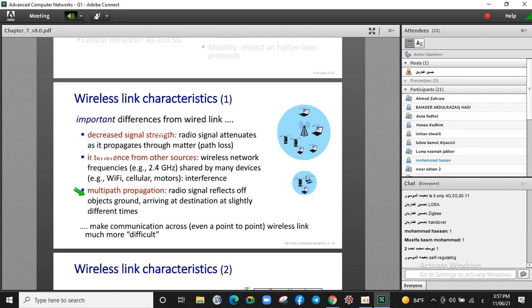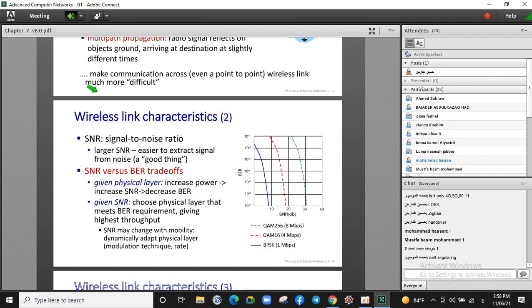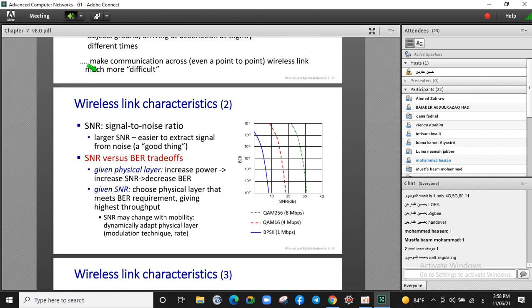I can completely control a wired link, but I cannot control a wireless space surrounding a wireless link.